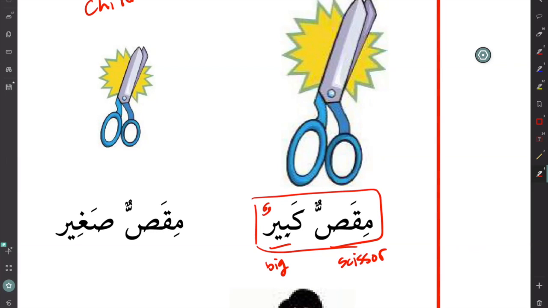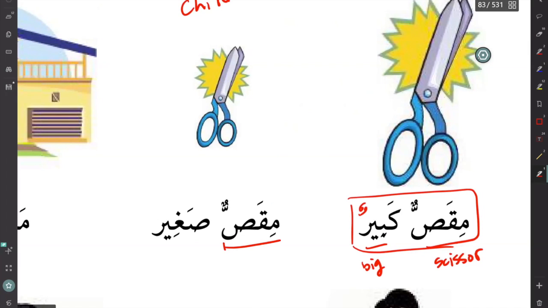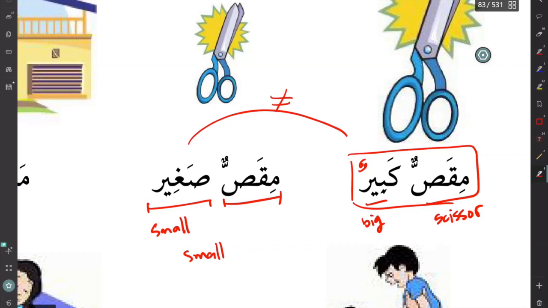So we said the noun miqas, which is scissor, and kabir is big. Something we have to keep in mind. In Arabic language, we say the noun first, then we say the adjective. Just like here, we have the same word miqas, which is scissor, and saghir, which is the opposite of kabir, which is what? Small. So here we're saying small scissor. So miqasun kabir is a big scissor and miqasun saghir is small scissor. These are your adjective phrases.